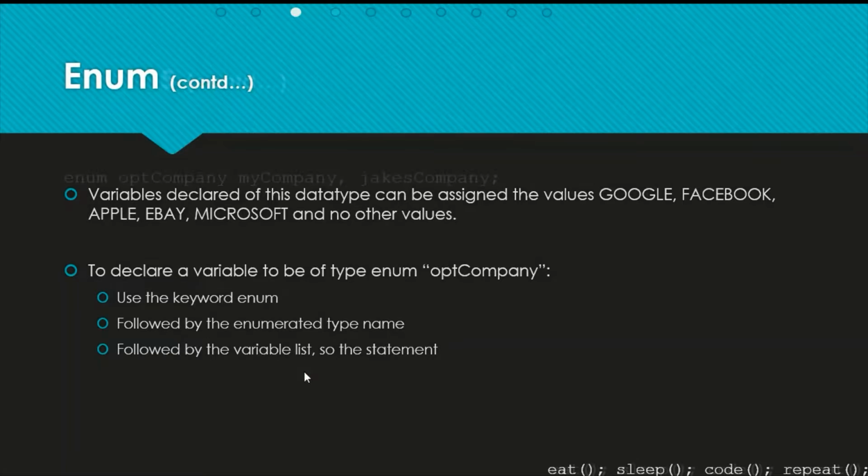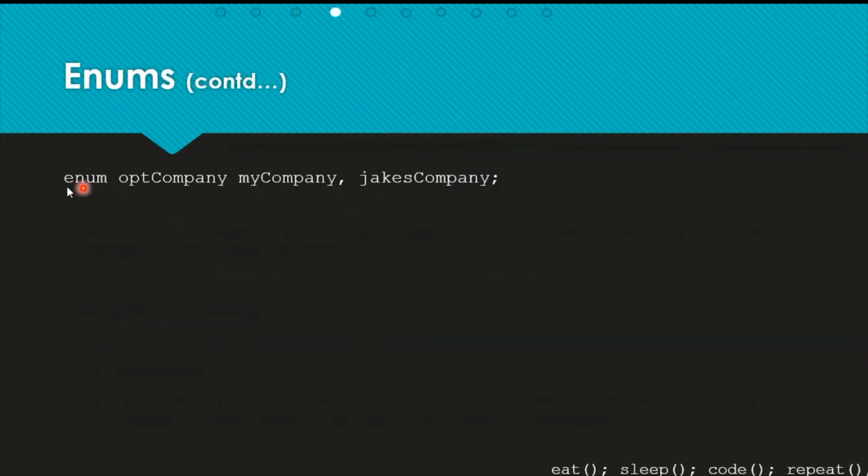Let us see how. We use the keyword enum, then opt company as the enumerated data type, and then the list of variables we declare: my company and Jake's company, separated by comma, ending with a semicolon, of course.